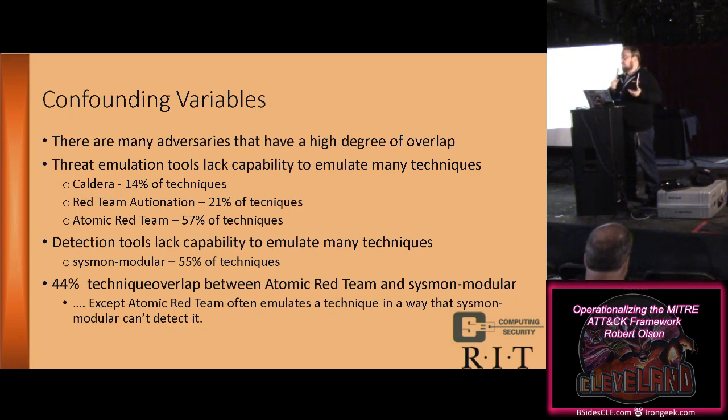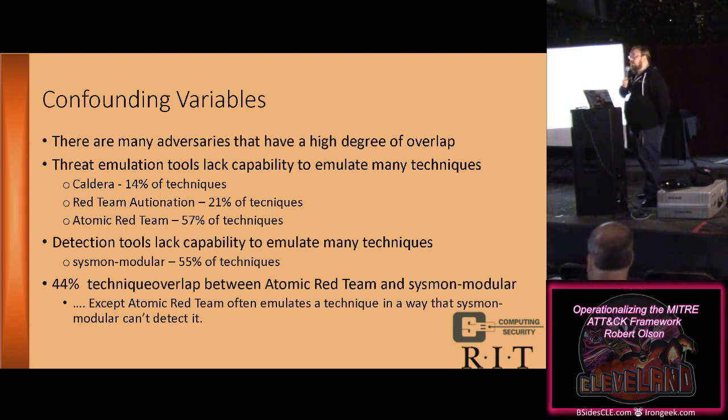We eventually identified Atomic Red Team and Sysmon Modular as what we wanted to use, and after the fact we analyzed the overlap and found that they only overlapped in 44% of the techniques. So we ran our experiments knowing that, in the best case scenario, we could only identify successfully 44% of the techniques, which is less than half.